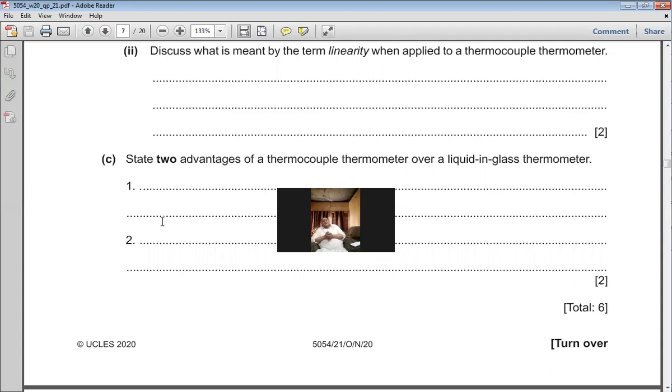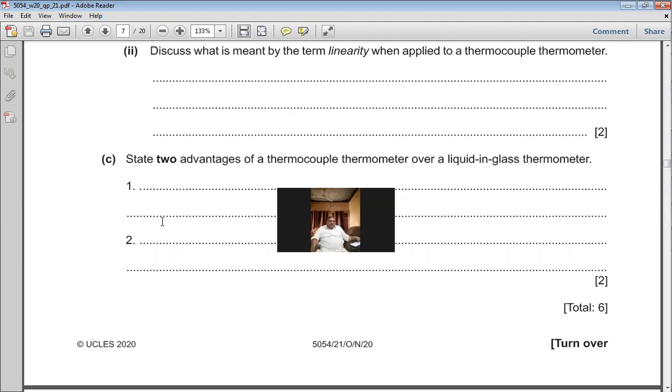You can take it anywhere, and it can take remote temperature readings, so you don't have to go near the object. You can make probes from the copper and iron wires, make them longer, and take the reading at a 2 or 3 or 4 feet distance from the object.